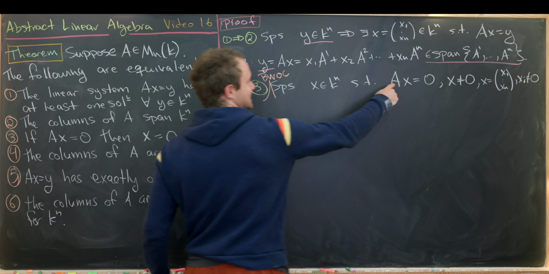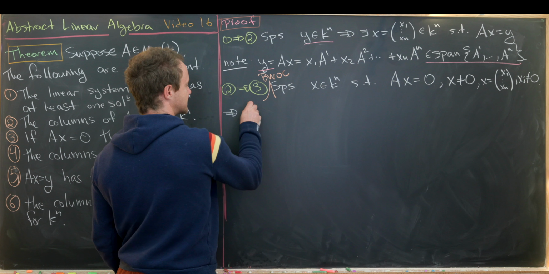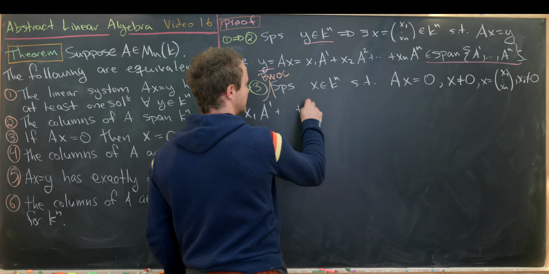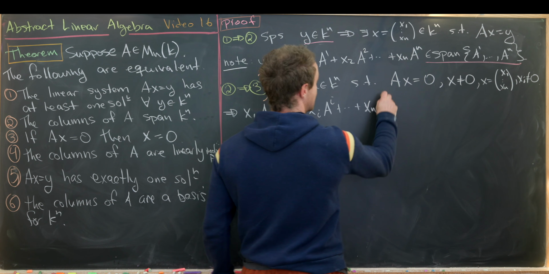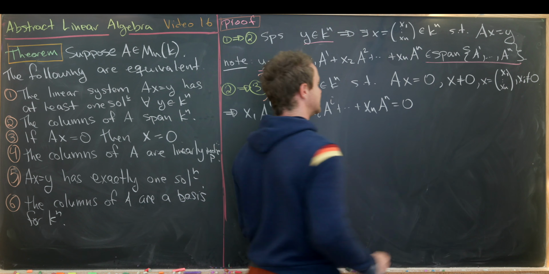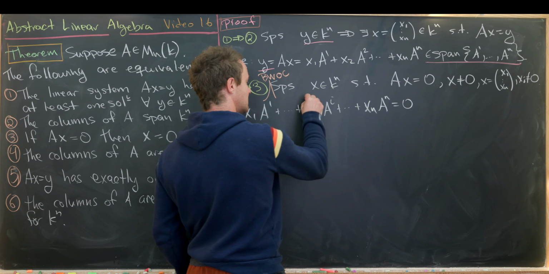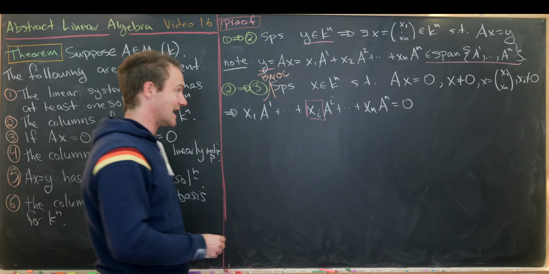Okay, but now let's expand this out in terms of columns again. That allows us to write x1 A1 plus all the way up to xi Ai plus all the way up to xn An equals the 0 vector. But given that this xi is non-zero, that allows us to solve for the Ai.